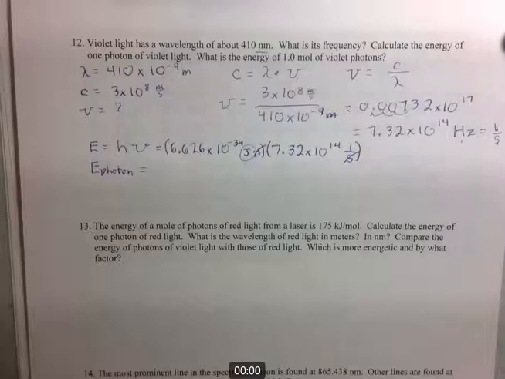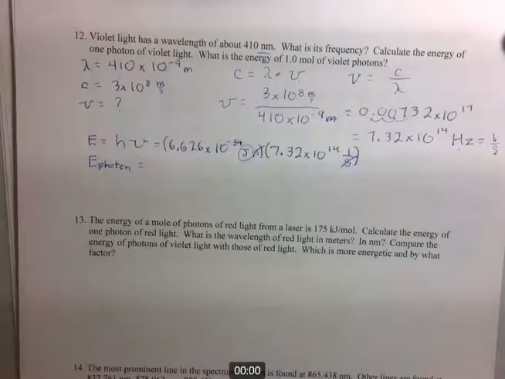Finally, what is the energy in 1 mole of violet photons? Well, since it's asking that, I've got to do the calculation. I forgot my parentheses. I always want to use parentheses with scientific notation.